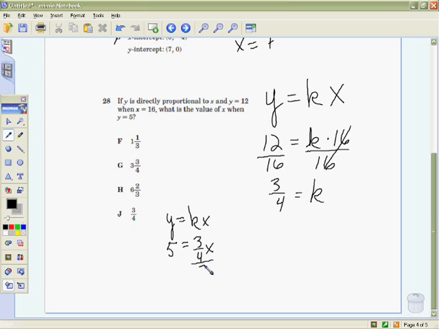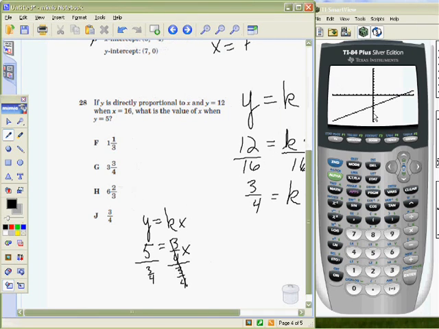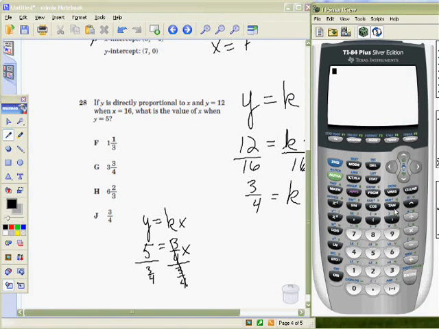So I divide by 3 over 4. Now, for those of you that don't like fractions very much, we can use our calculator to do that calculation. 5 divided by 3 over 4. Remember, always put parentheses around fractions. That gives us a decimal. Let's see if our calculator will turn it into a fraction for us.